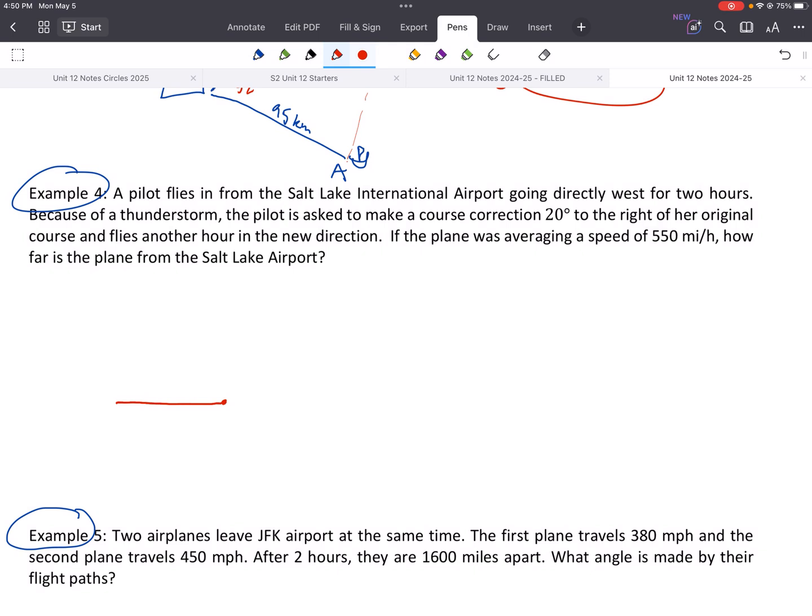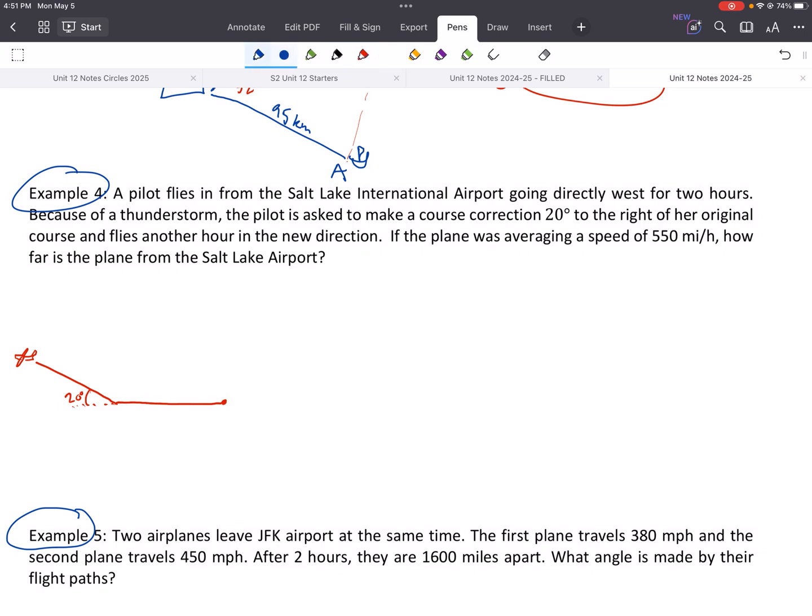So it's gone straight, but at this point, normally we would continue going, but it's asked us to divert our direction 20 degrees. Okay? And so the airplane is somewhere over here. That's my nice airplane. All right. And then it says, if the plane was averaging a speed of 55 miles per hour, how far is the plane from the airport, the Salt Lake Airport?